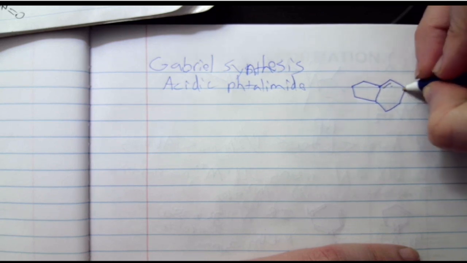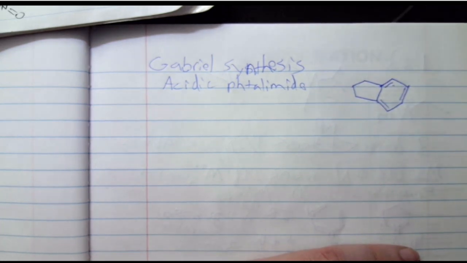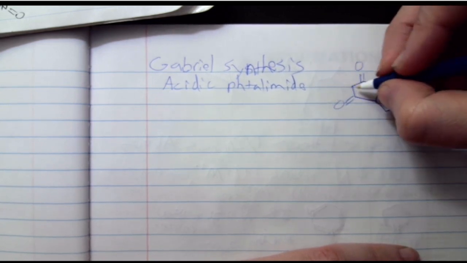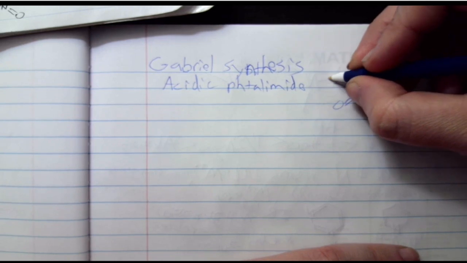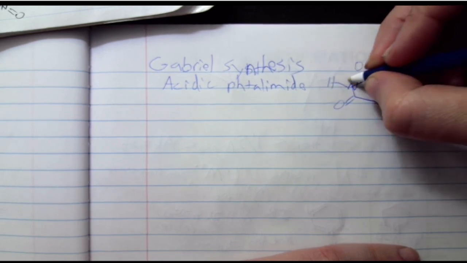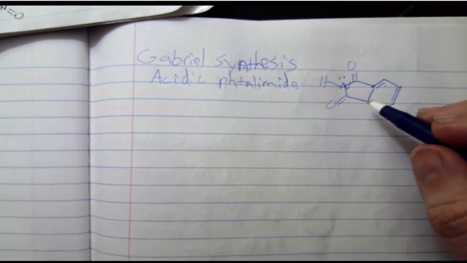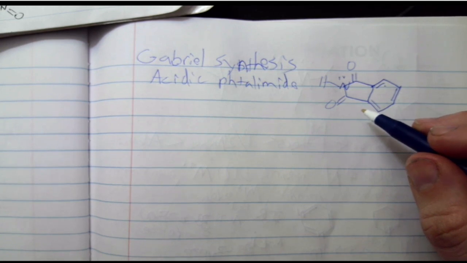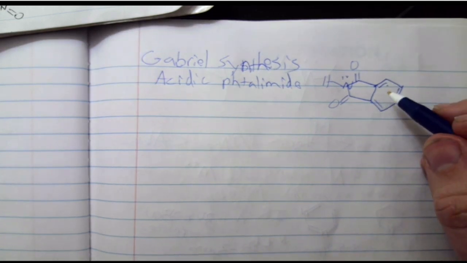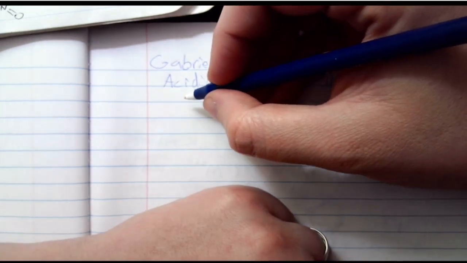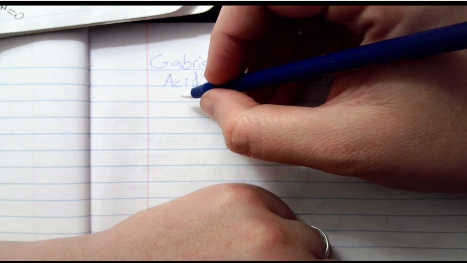This is fully aromatic right there. We have 2 ketones and an NH group right there. So a fully conjugated system, as you see. Right now, as it is, that is stable. But upon deprotonation, it becomes a very good nucleophile for SN2.